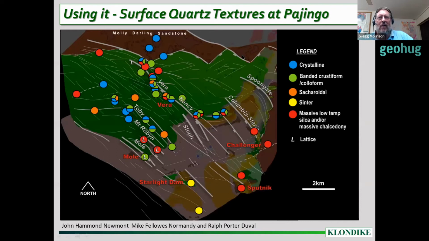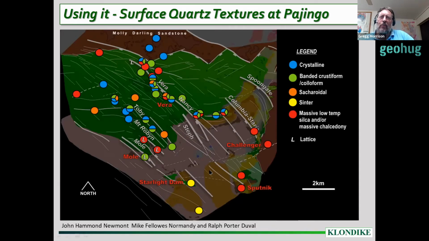That's the boundary to basement there and here, by the way. Crystalline stuff in the deeper part of the volcanics, progressively into Crustiform-Colloform in here, and into sinters and chalcedony out here in the sediments and in and around the domes as well.